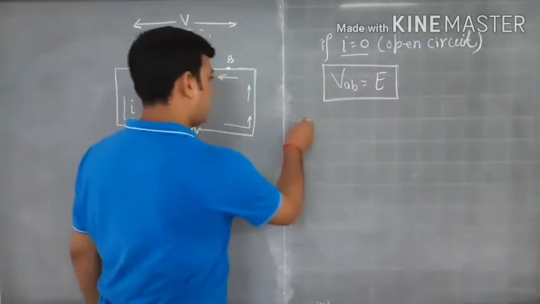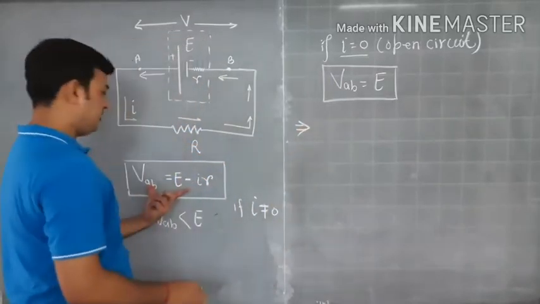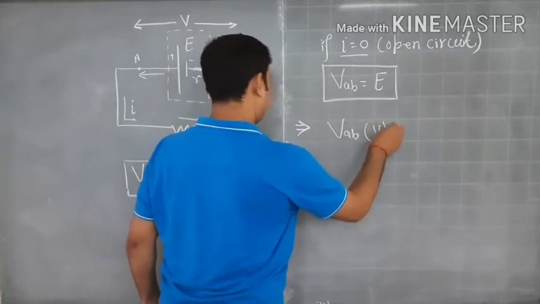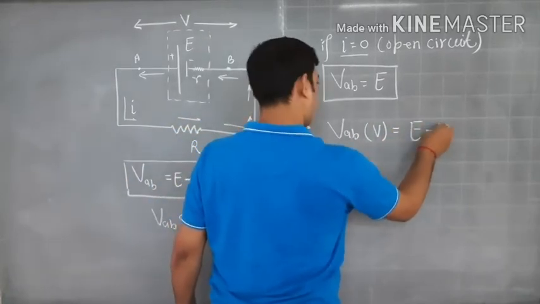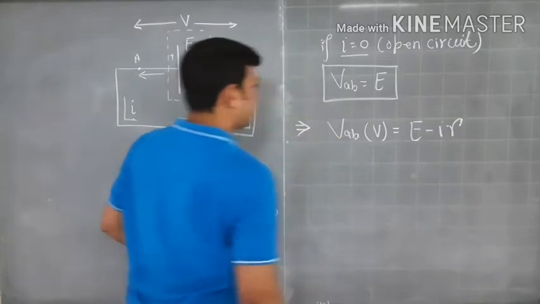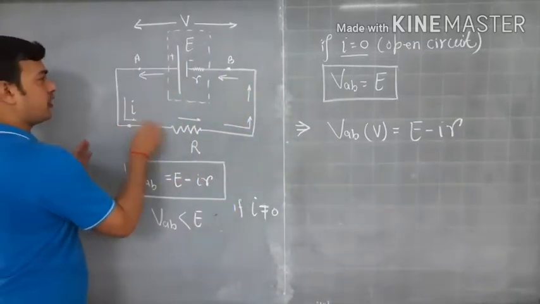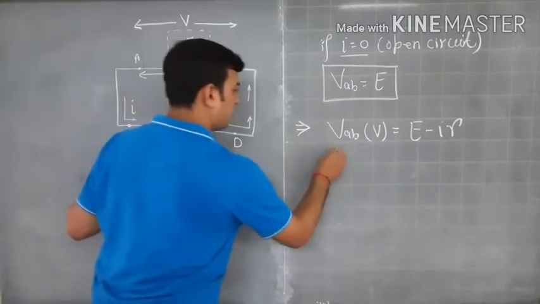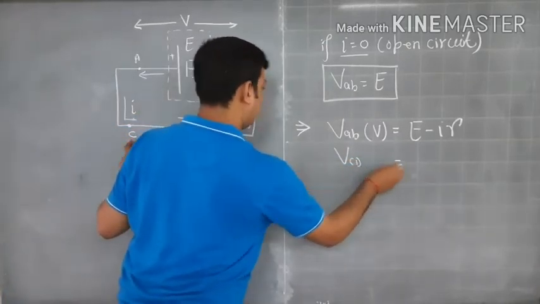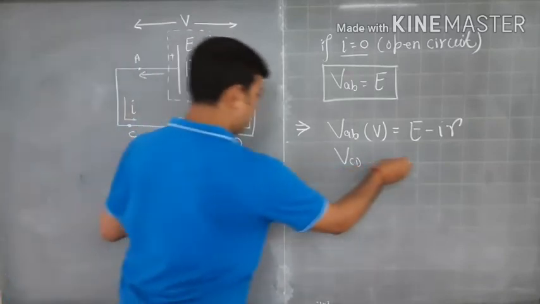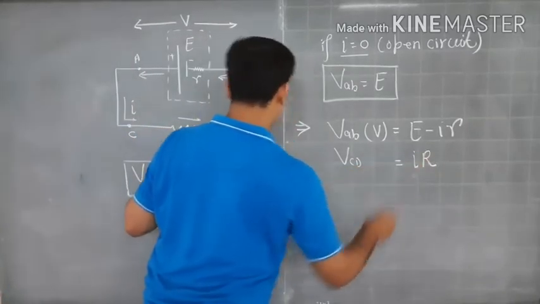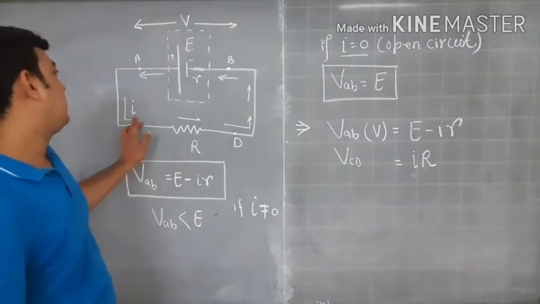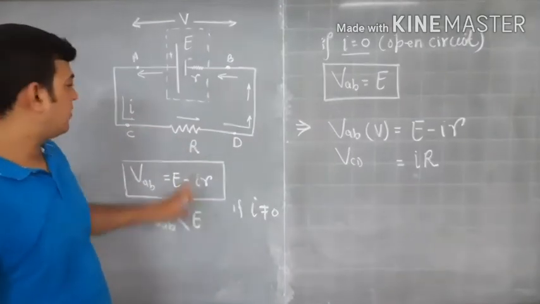Now if I move further, I can write this equation as VAB, or simply V, equals E minus IR. If you look at these 2 points, C and D, I can find the potential difference between C and D simply by using Ohm's law, and that is IR, because I is the current and R is the resistance.